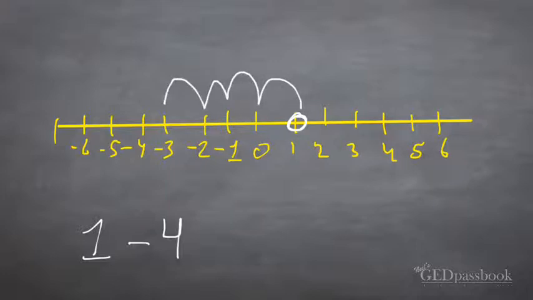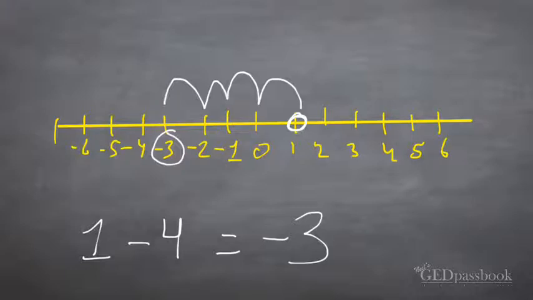How much do you have in your bank account now? Negative 3. That's the number line. Visibly, you could see that it can be done because there are numbers below 0. There are negatives. 1 minus 4 equals negative 3.